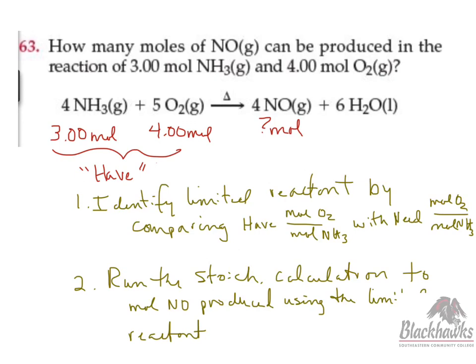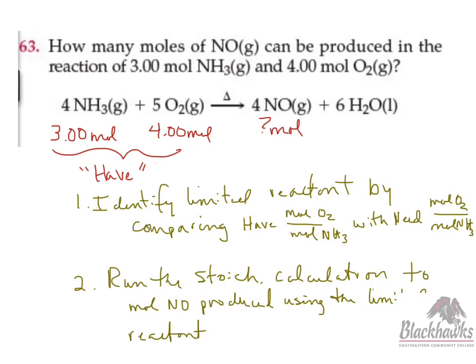Okay, so here's 63. Don't let it throw you off because it's doing the whole mole thing, which is a little less complicated than the gram thing. They give you moles of the two reactants. My step number one is to go with the ratio of what you have, 4 to 3.